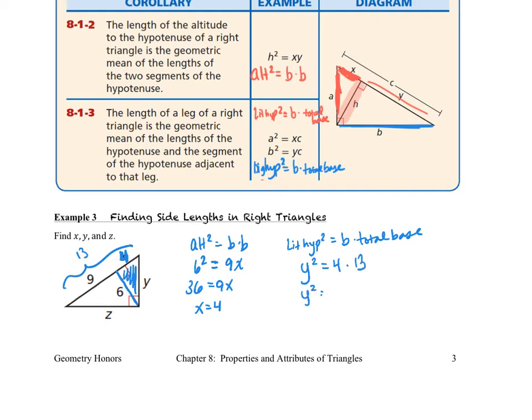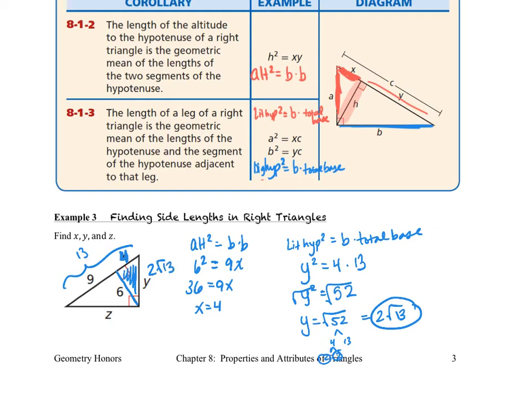So y squared equals 4 times 13, which is 52. And then square root both sides, so y equals radical 52, which we can simplify to be 4 and 13, 2 and 2, so 2 radical 13. So that's what the y is, 2 radical 13.